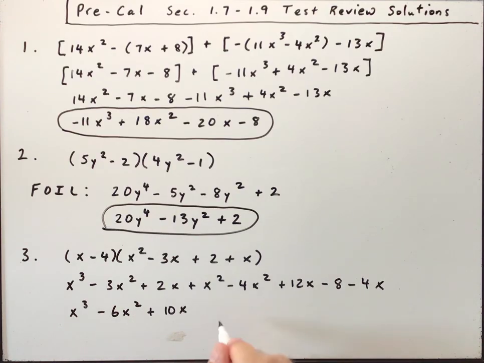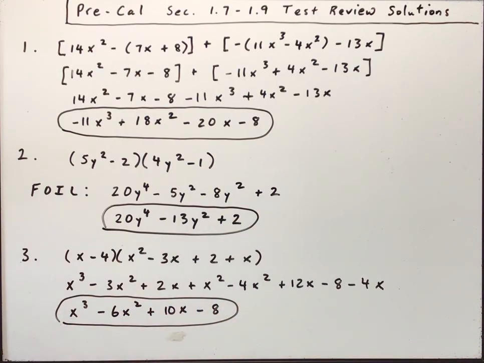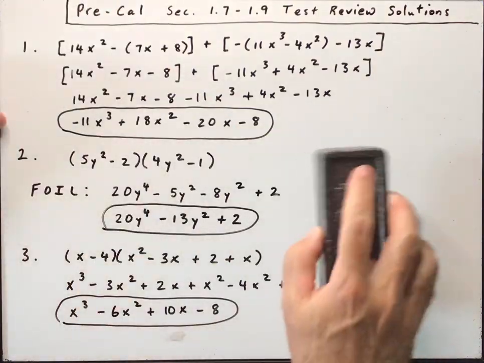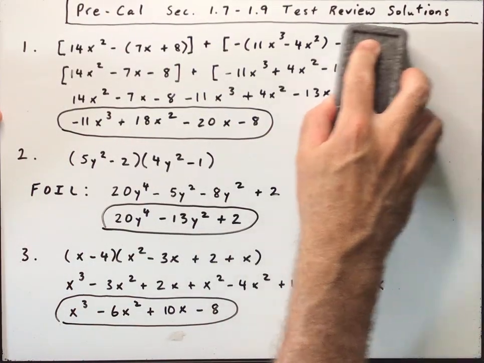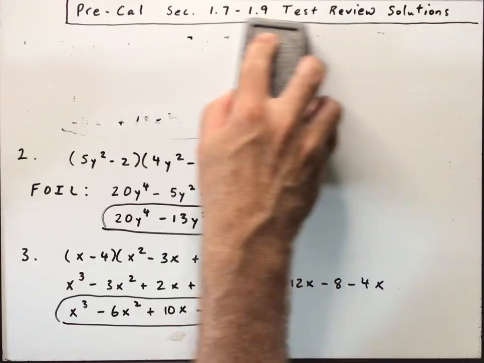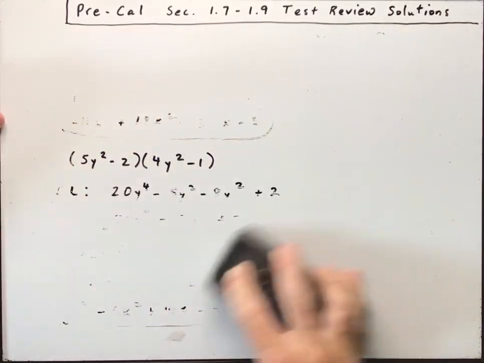And then finally we would have minus 8. Let me double check and make sure I didn't mess anything up. X cubed minus 6x squared plus 10x minus 8. So, boom. All right, these do take up a little bit of real estate, don't they? So, you can fast forward through this, and we'll go on to number 4.